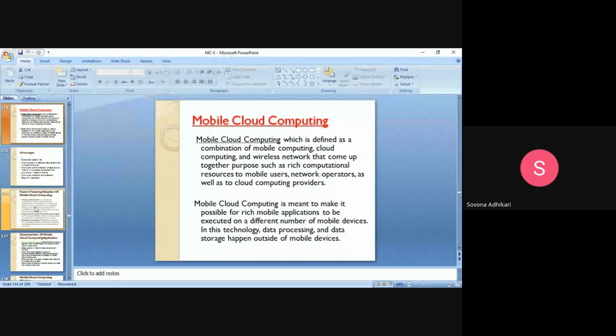Mobile cloud computing is meant to make it possible for rich mobile applications to be executed on a different number of mobile devices. In this technology, data processing and data storage happen outside of the mobile devices.